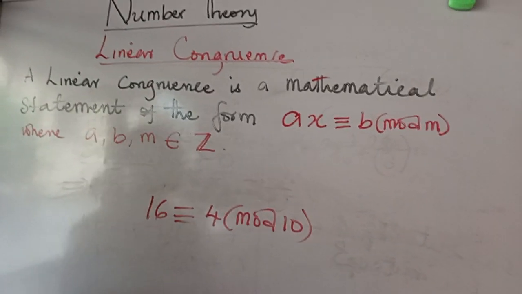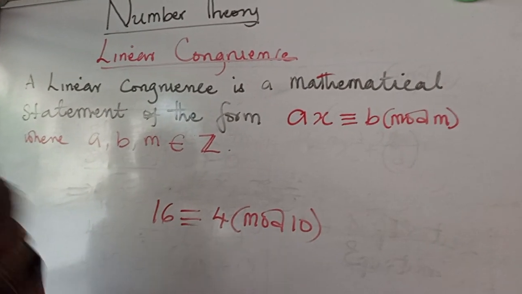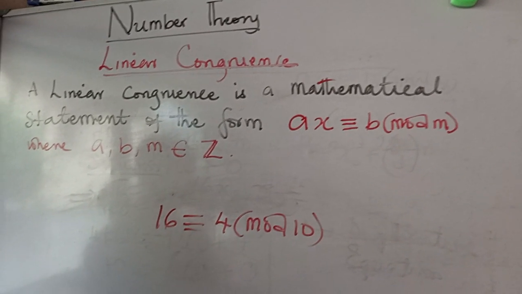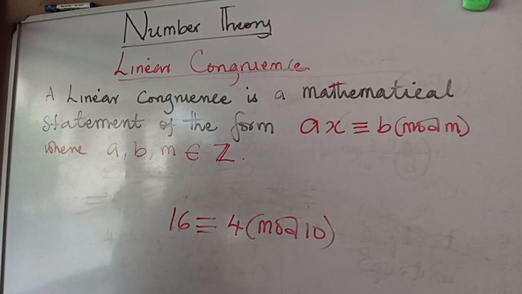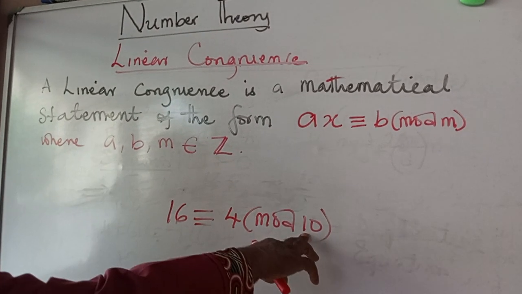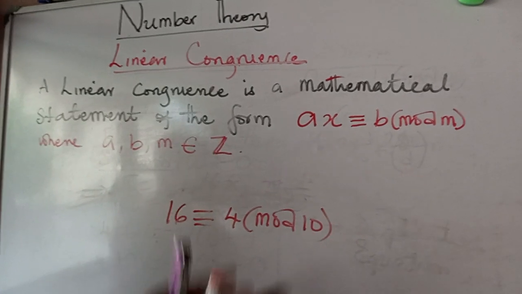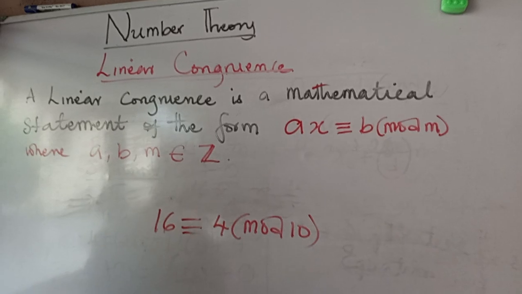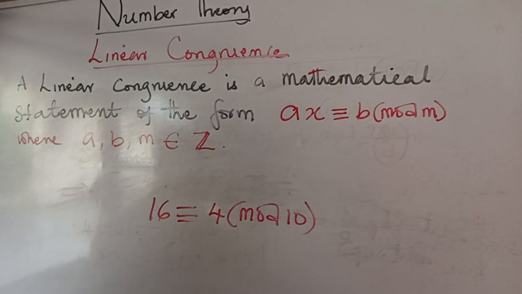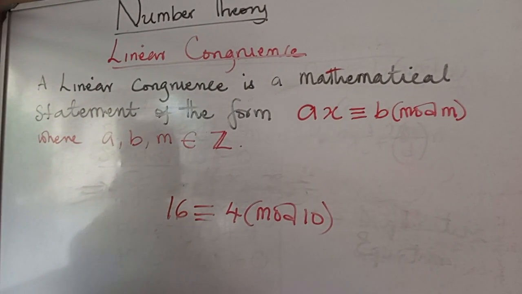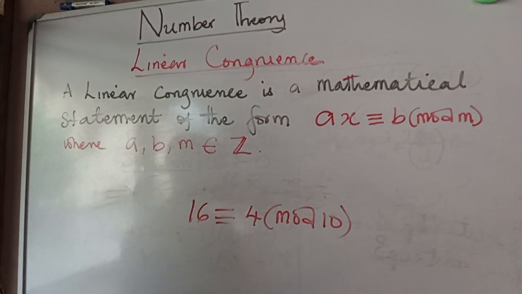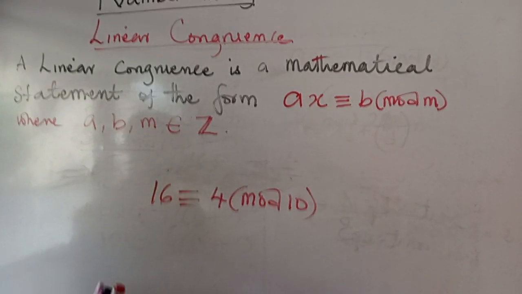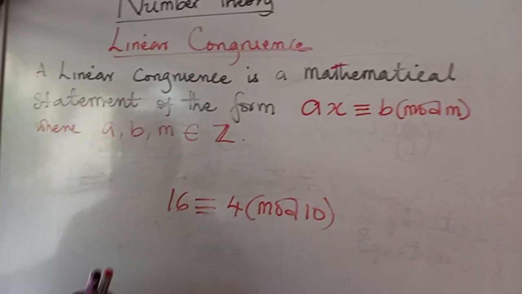So it simply means that we are going to have two incongruent solutions, from the residue class. When I say residue class, I'm referring to the numbers that can make up to 10, that is 0, 1, 2, 3, 4, up to 9. If you plug in any of those numbers, the residue class will not be above 10, just from 0 to 9. And so we are going to have two incongruent solutions that can be gotten from the residue class. So this will have a solution, but you will have two incongruent solutions.